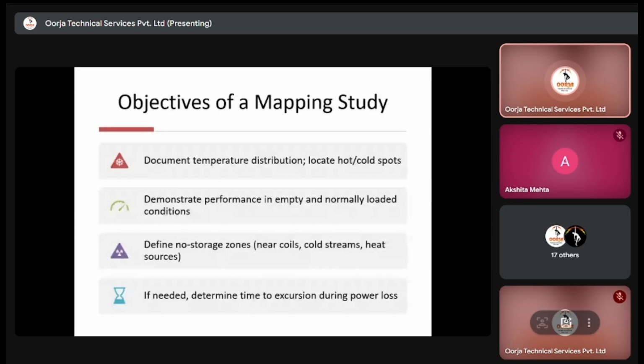So first we need to document and identify the temperature distribution. Also we need to identify the hot spot and cold spot.